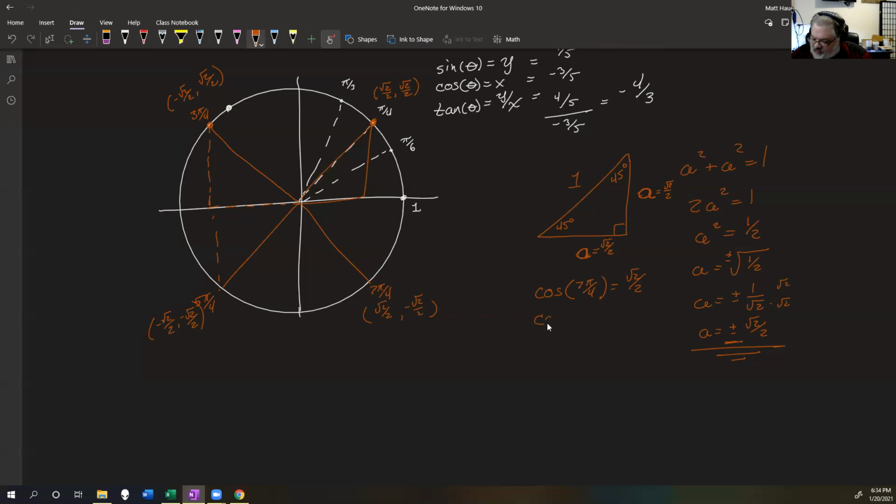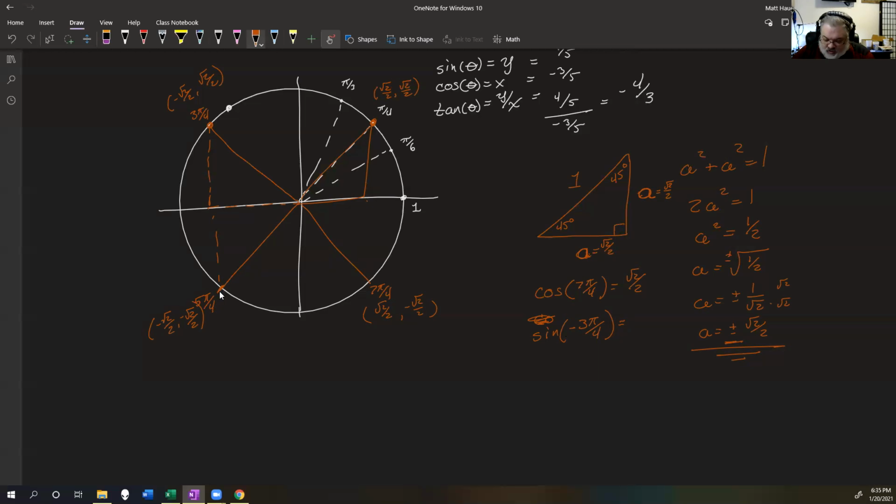If somebody asks you, I don't want to use cosine again, somebody asks you what the sine of negative 3π/4 was. Well, negative 3π/4 isn't on our diagram, but negative 3π/4 is coterminal, 1, 2, 3, is coterminal to 5π/4, right?